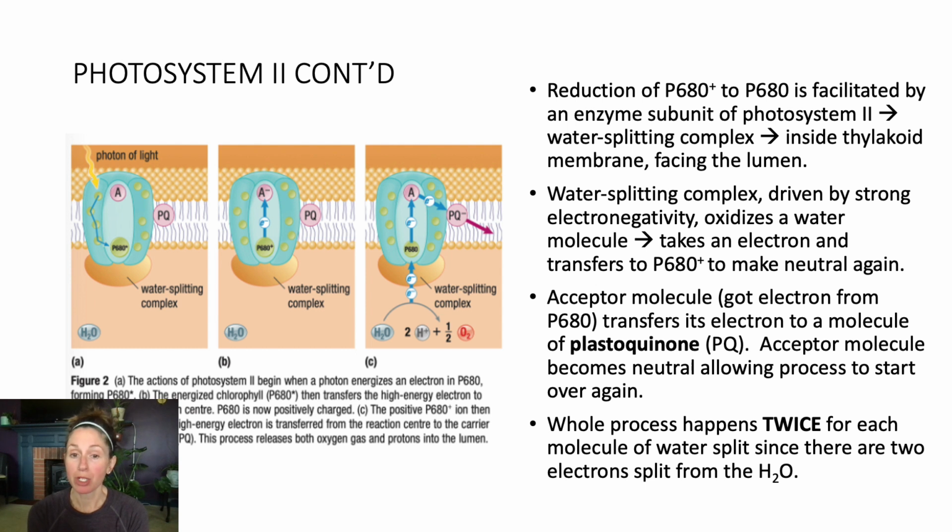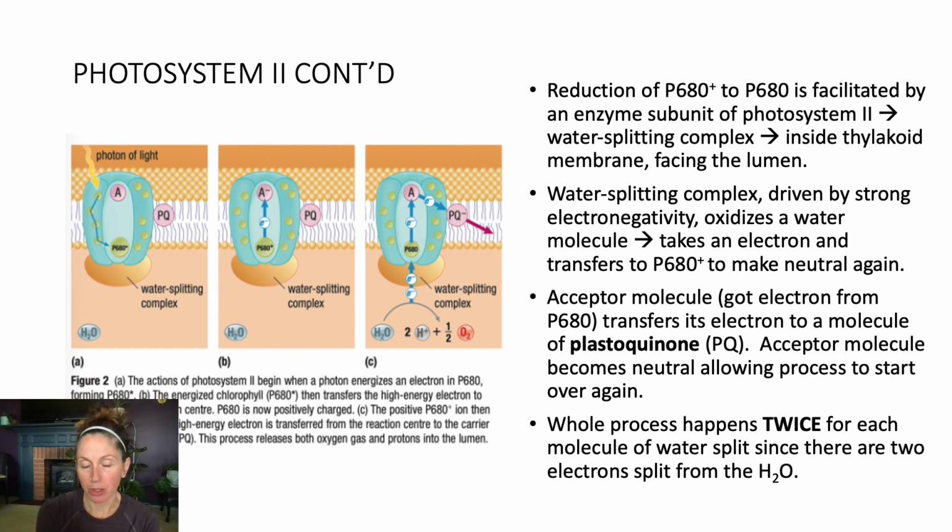So it's driven by strong electronegativity, which allows the water to be oxidized, the two electrons being taken. So one electron we saw happening at a time is given to P680 plus to make it neutral again.